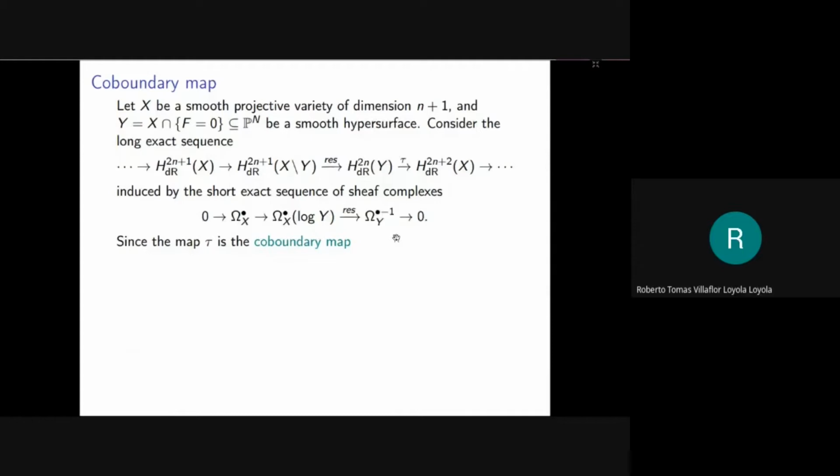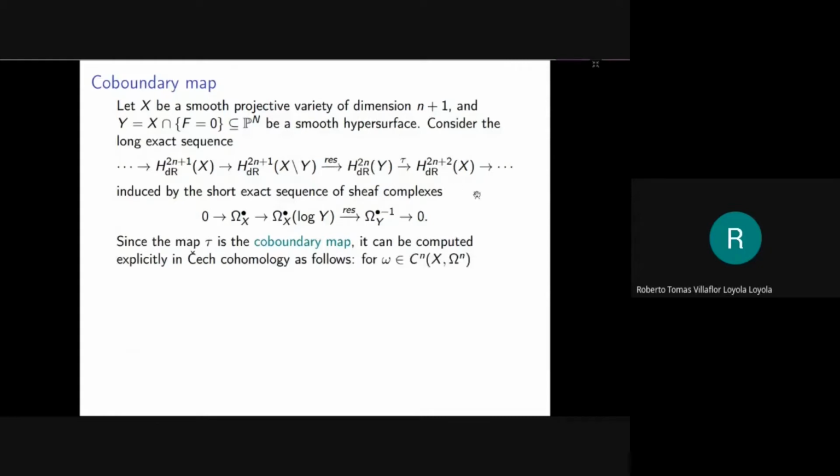And moreover, since we have a nice description of the Hodge structures of each of these cohomology groups in terms of Čech cohomology, we can in fact compute this map tau in terms of the Čech cohomology description of each piece of the Hodge decomposition of these groups. So how do we compute the description of tau in terms of the Čech cohomology groups is as follows.